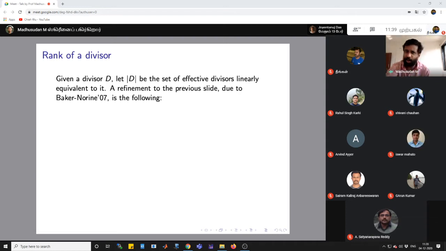It's a natural thing to do, given our previous question: collect all the nice divisors which are linearly equivalent to your divisor. Bar D can be empty. Let's remember bar D.